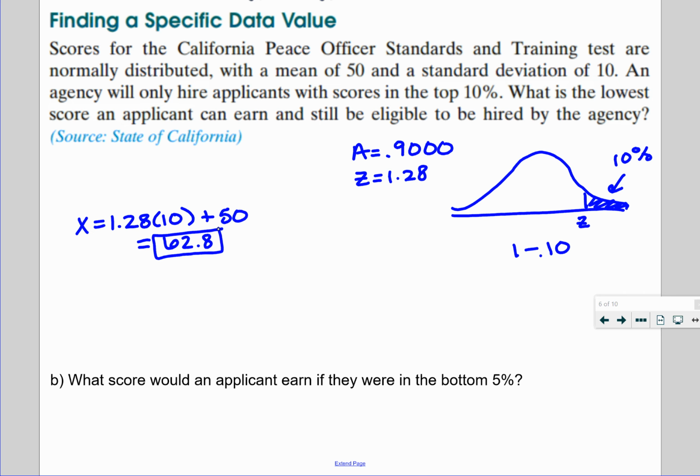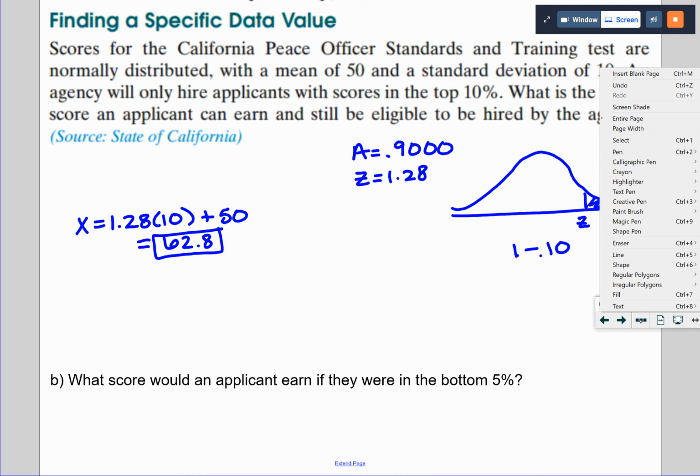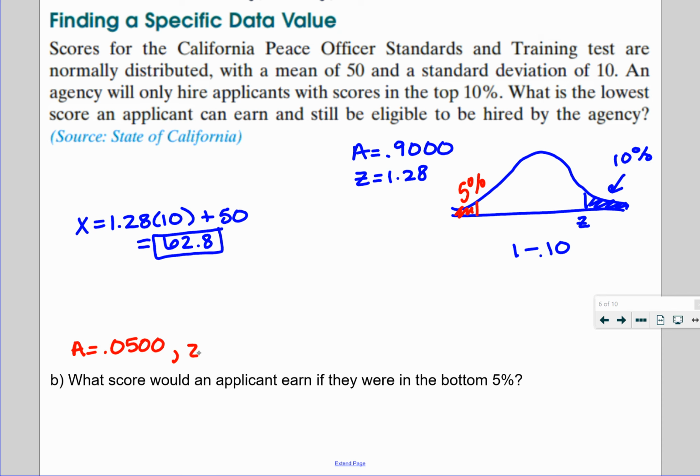Okay. What score would an applicant earn if they were in the bottom 5%? So you can use the same picture. Bottom 5% is over here. Now, because it's the bottom 5%, we can just use a cumulative area of 0.05. And again, that's that same z-score we found a couple times already. You're going to notice there's a lot of the same significant values that we use over and over again, these common percentages, 5, 10, 15.